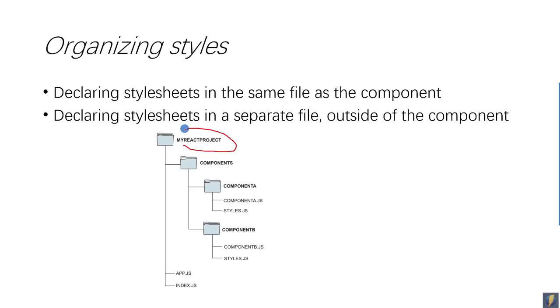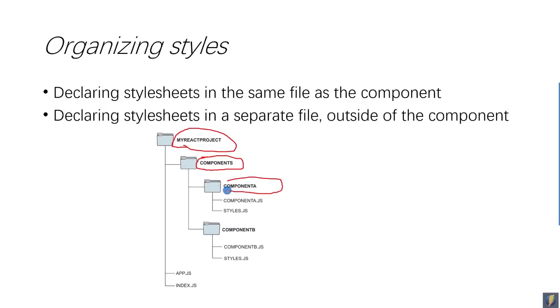For example, you can organize your project like this. This is the root of your project, and you can create your components like this. These are the components you created, and you create many children of this component.